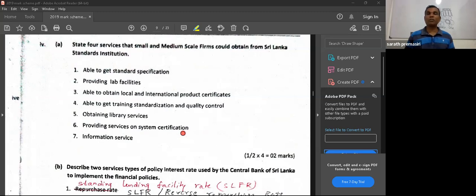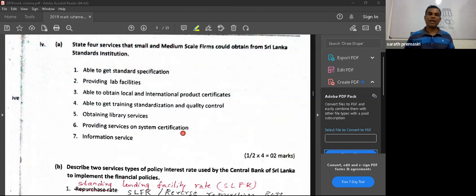There are three policy interest rates: standing lending facility rate, standing deposit facility rate, and then overnight policy rate. There are three interest rates to be discussed, and we have already discussed them in first term. These are the three policy interest rates practiced and implemented by the Central Bank of Sri Lanka.